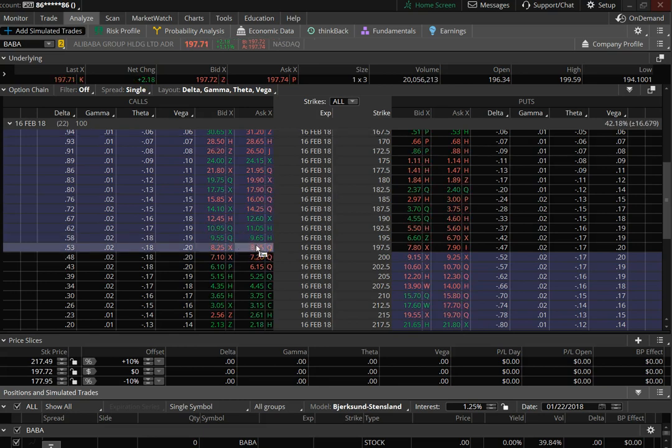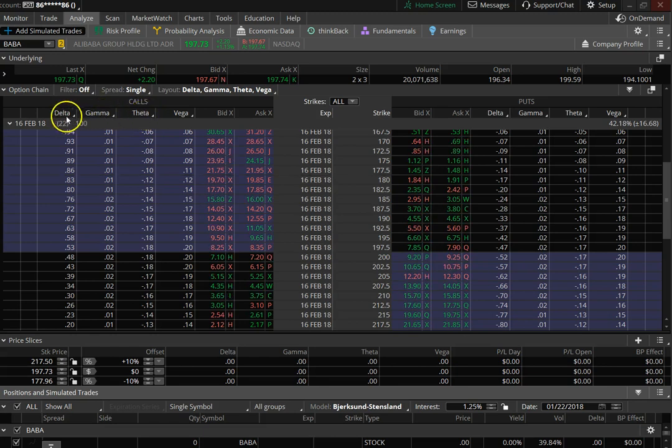We start looking at something called the Greeks, and there are four of them: delta, gamma, theta, and Vega. What does that mean? The most important ones that I want new traders up to moderate traders to really master are the relationship of delta and theta.